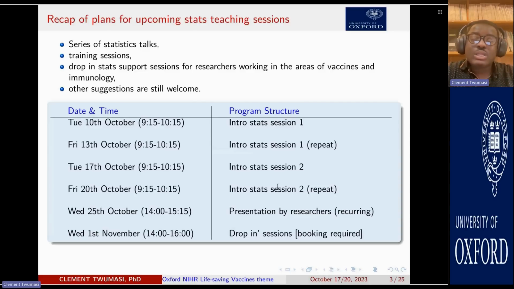Others can also learn about methods that people are using across different disciplines and subject areas. This is still in the developing stage, so we'll still need your feedback to know the best way we should approach it. We're also thinking about some drop-in sessions, which is still in the developing stage. So your feedback is really, really needed.